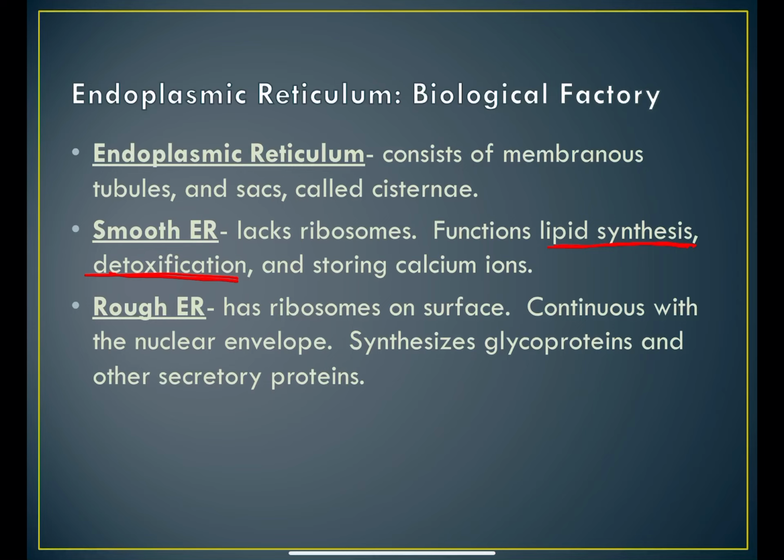The liver is responsible for a lot of the detox in the body, processing medicines, alcohol, all those types of things. And so the cells of the liver are going to be very rich with smooth ER, okay? They're going to have lots of smooth ER that have a lot of function in detoxification, okay? And then also in lipid synthesis.